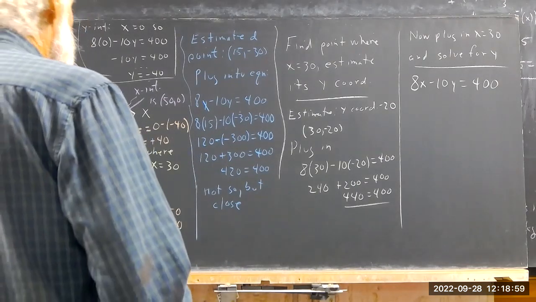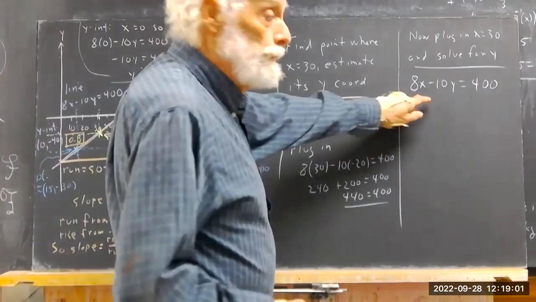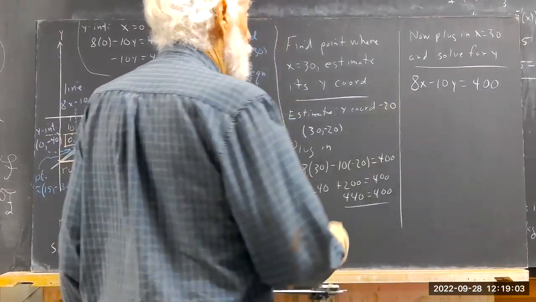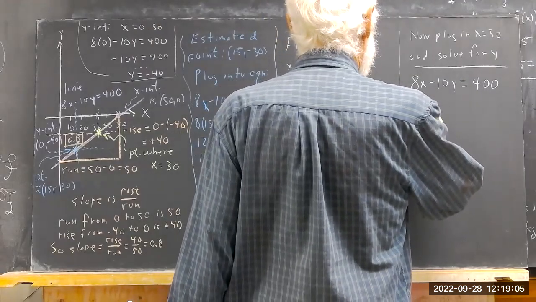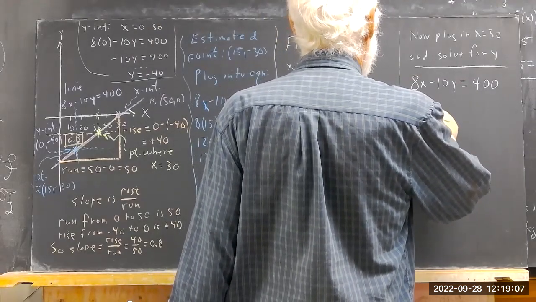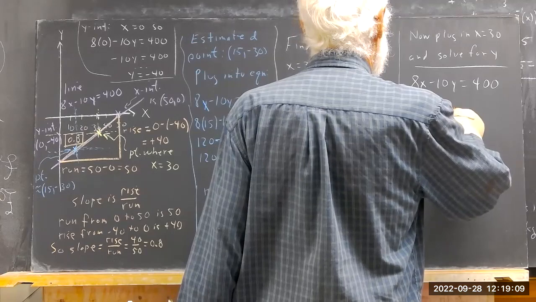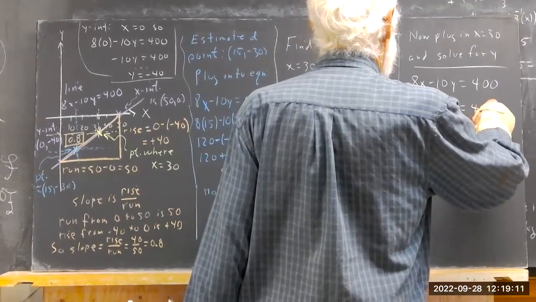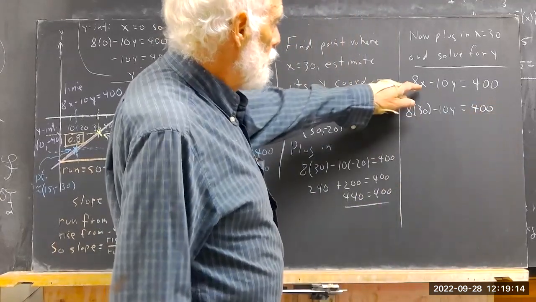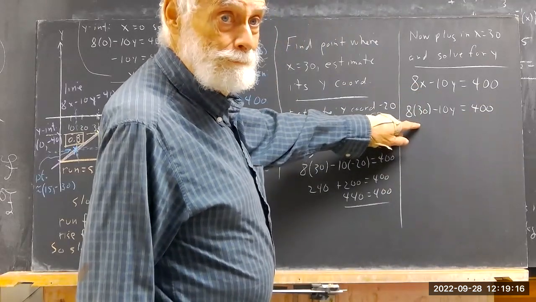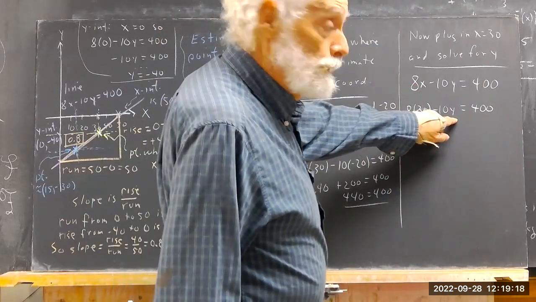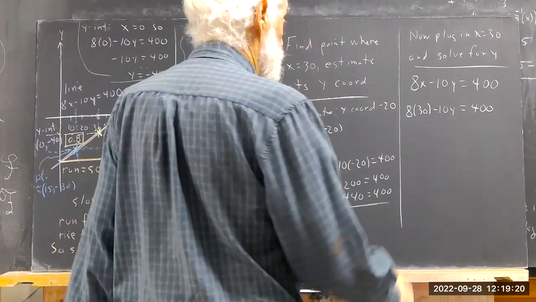Okay, we're pretty good here. So we plug in x equals 30. All we've done is change x to 30, and then we're going to be able to solve for y if we do all the steps correctly.